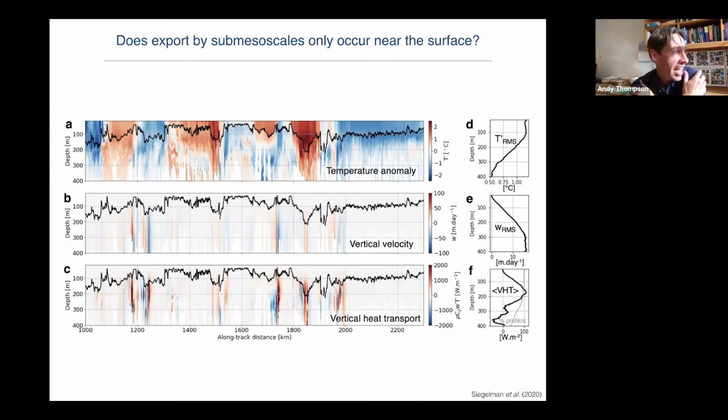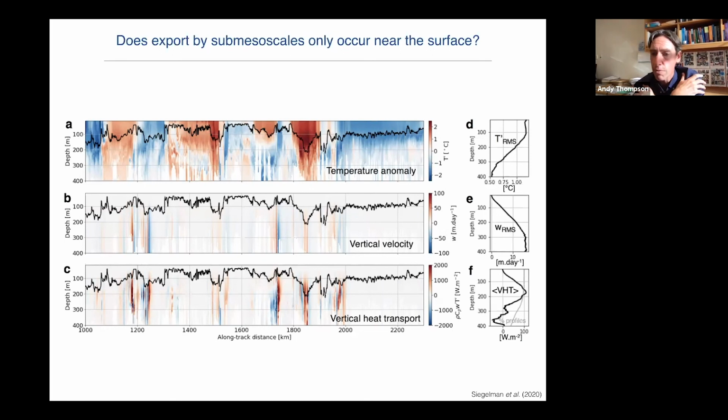It's really neat. When we were writing this, I was really nervous. I was like, I don't know, those are big velocities to have in the interior. And subsequently, I mentioned that paper by Xiaolong Yu, who did a similar analysis for the OSMOSIS data, and he finds very similar things even in the Northeast Atlantic.